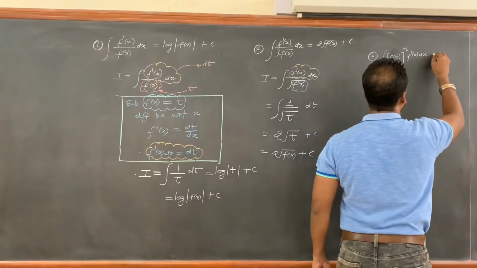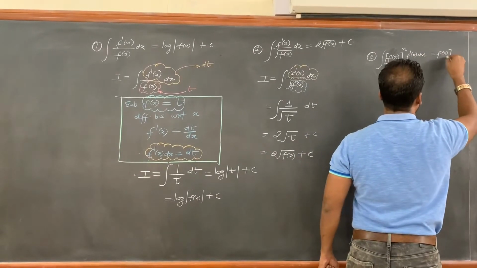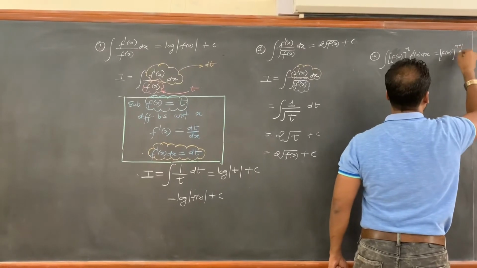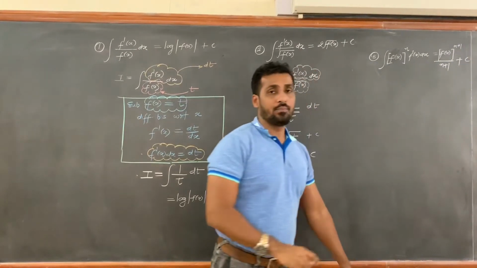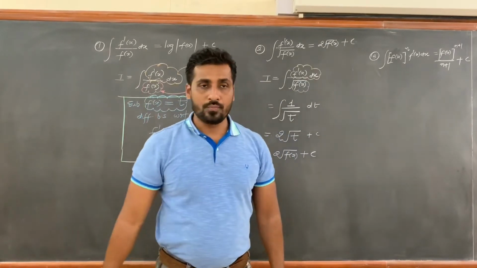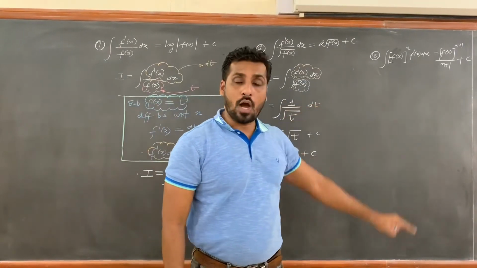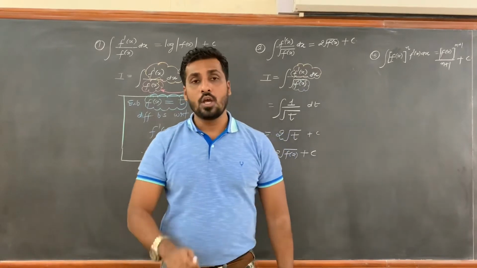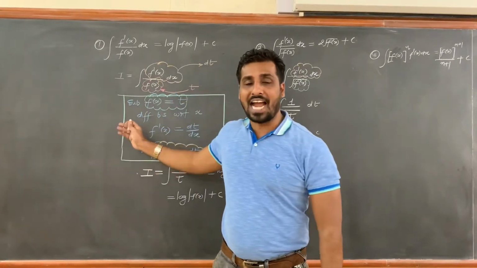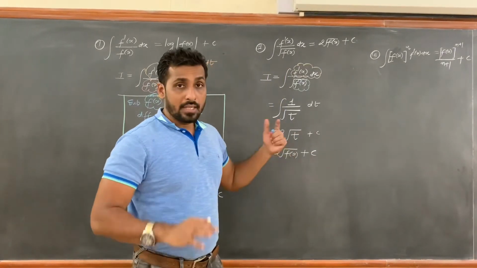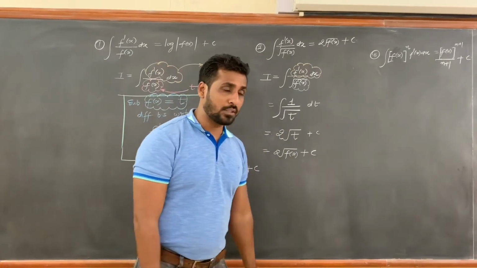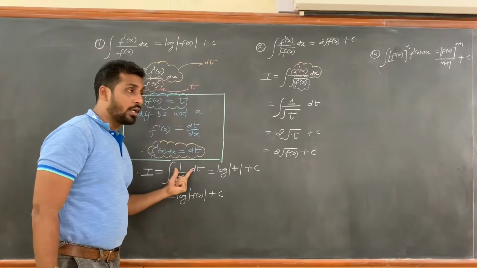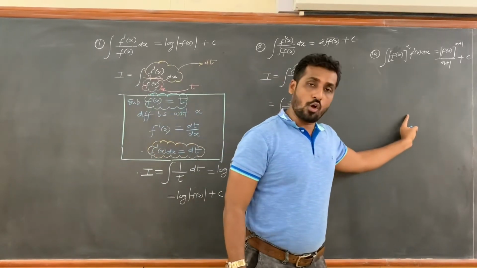The answer is going to come f of x raised to n plus 1 upon n plus 1 plus c. Now students, did you again observe? In the third corollary also, I have the exact same two terms which were used in the first and the second corollary. That means I am going to make use of the exact same set of steps that were used in the first corollary in my third corollary also.